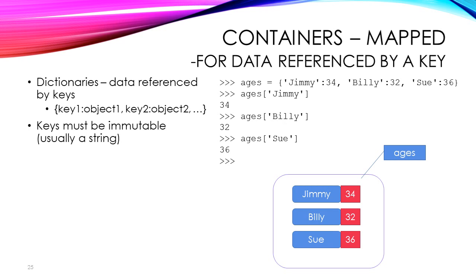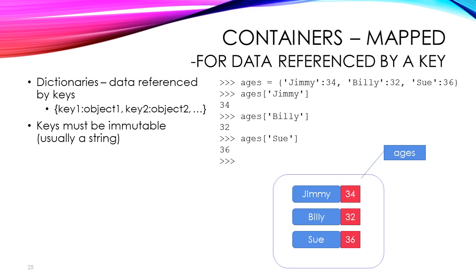The way you access information in a dictionary is you just list the name of the dictionary, ages, and then it looks like an index operator, but instead of a number in there, it is the string, the key. So ages of Jimmy is 34, ages of Billy, 32, ages of Sue is 36.